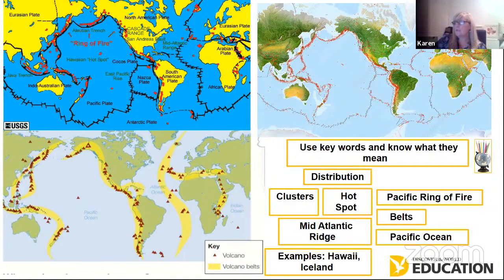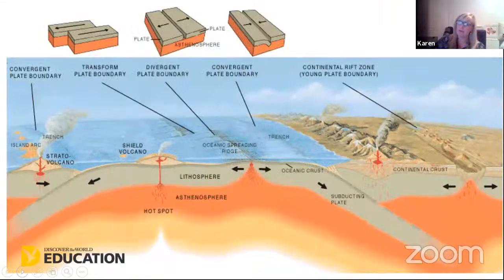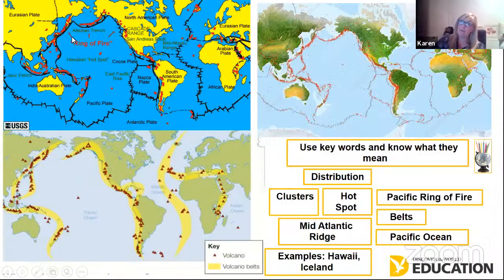It says, why is the north side of the Pacific Ocean covered with volcanoes, hence the Ring of Fire? Not quite sure what that question means, but we do have lots of volcanoes here, and that's all to do with the fact that there is a destructive, a convergent plate margin here. We're actually going to come on to that next. What is happening here is the Pacific plate is moving this way. I think you can see my cursor.